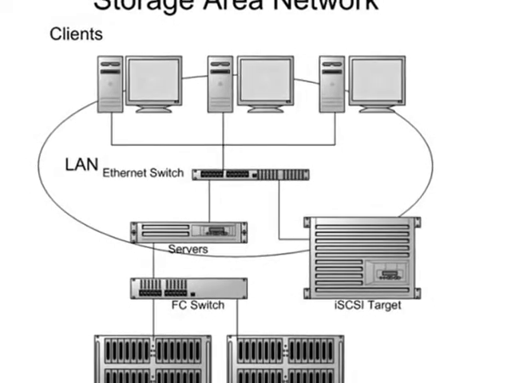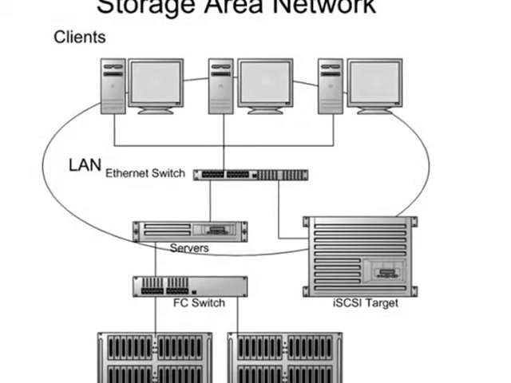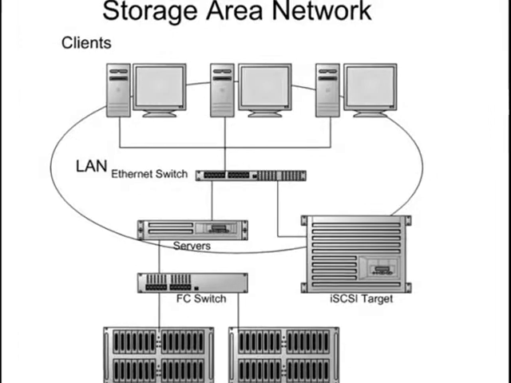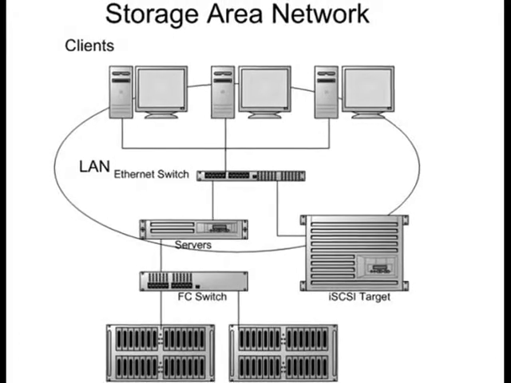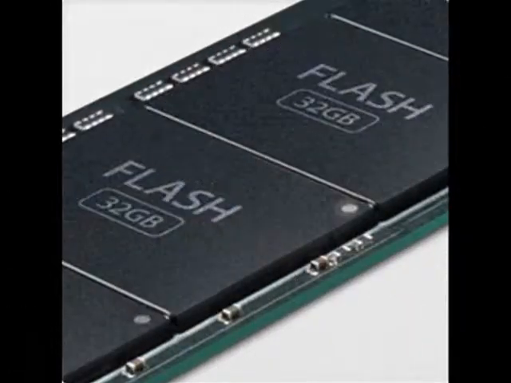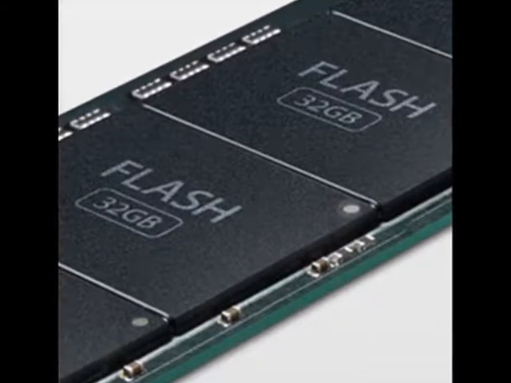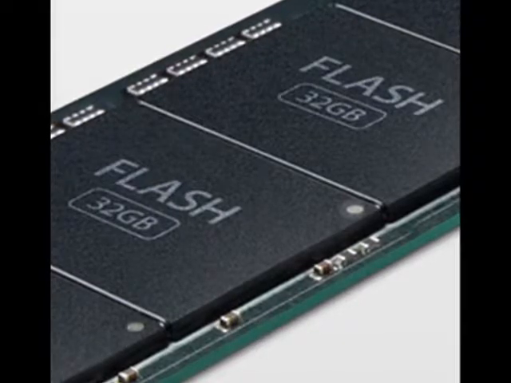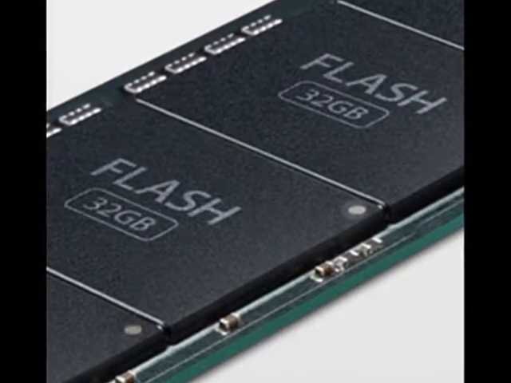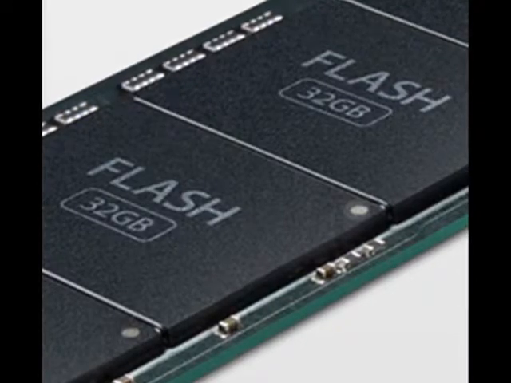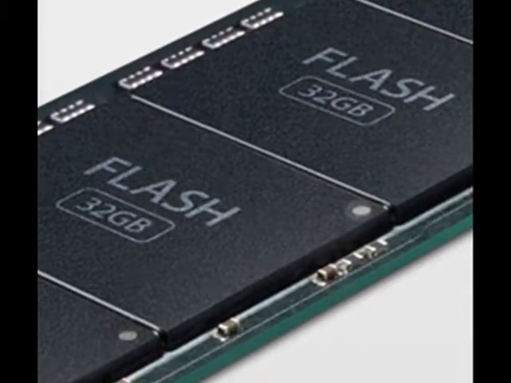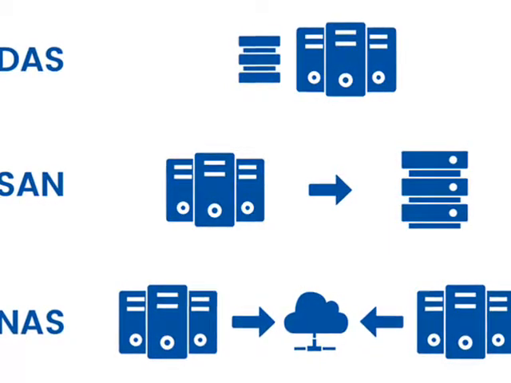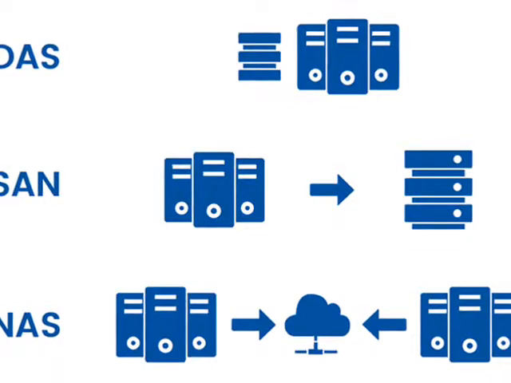What is new with enterprise SANs? Storage providers continue to add features to improve scalability, manageability, and efficiency. In terms of performance, flash storage is having an impact on enterprise SANs. Providers offer hybrid arrays that combine rotating disk with flash drives as well as all-flash SANs.